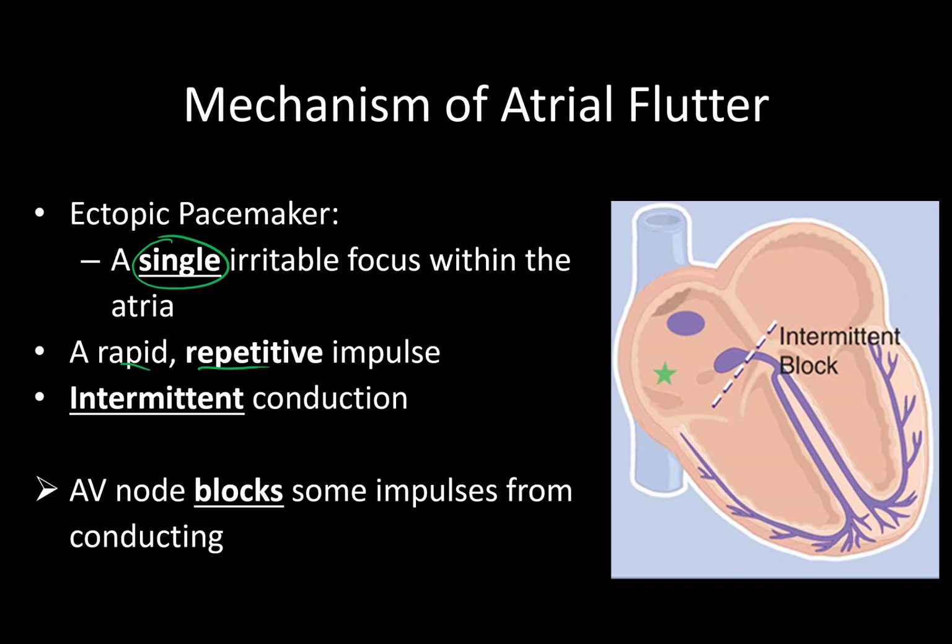In fact, there's the absolute refractory period that prevents that AV node from responding to every single one of these beats that comes through, and so it leads to an intermittent block or intermittent conduction. The ones that do go through conduct normally.